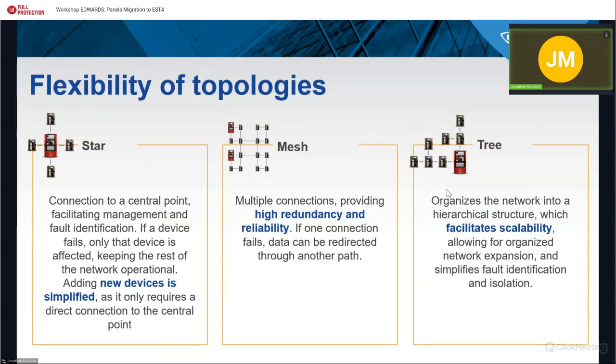that, for example, with the EST3, when you make a design of a network between panels, you must install one cable for the data, one cable for the audio evacuation system, and another cable for the firefighter telephone. In this case, for the EST4, you have the benefit that in only a single twisted pair, you can transmit all the information.